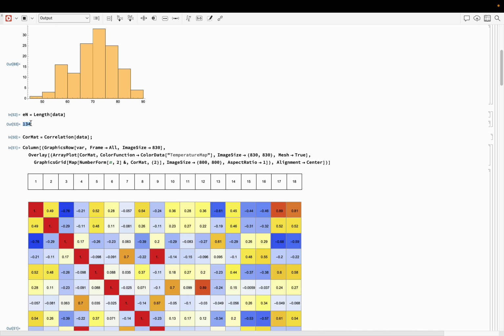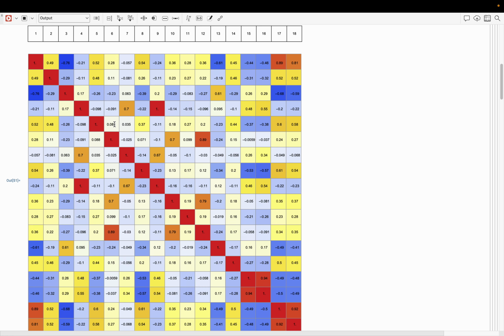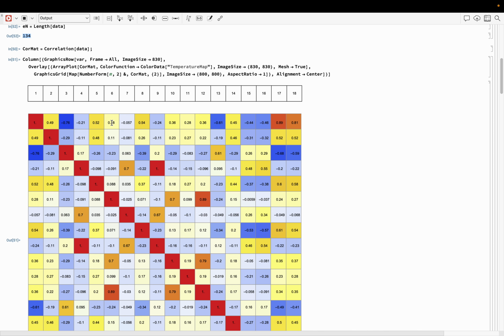Here I have checked that I really do have 134 countries. And what we see here is the correlation matrix of all the variables. So all the 18 variables. Of course, the first variable is our dependent variable. The rest of them are independent variables.